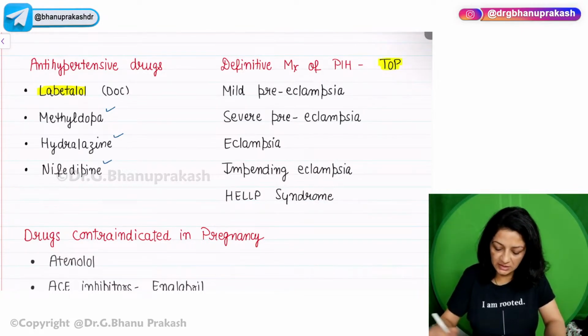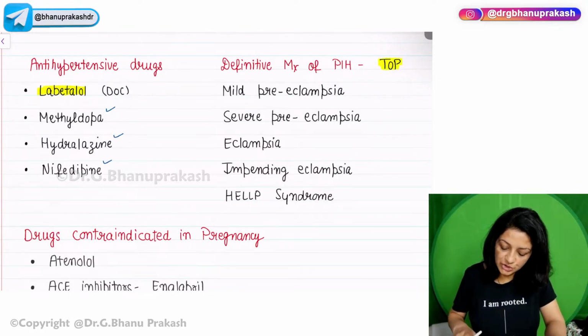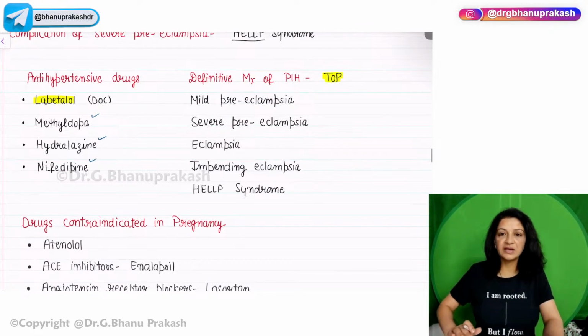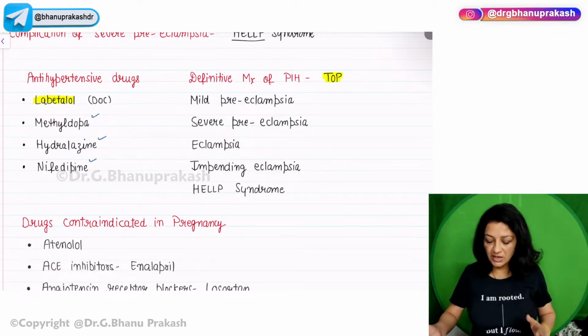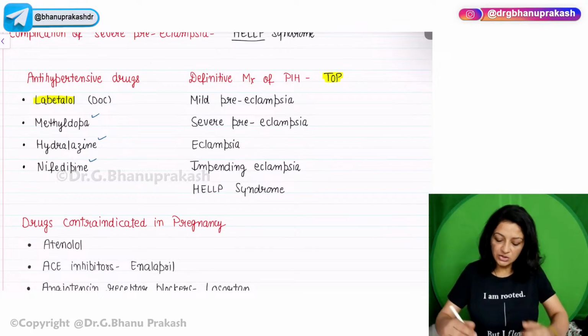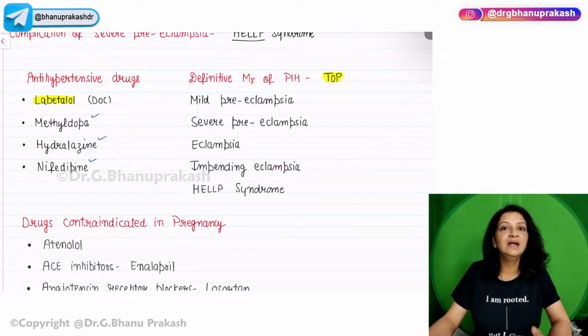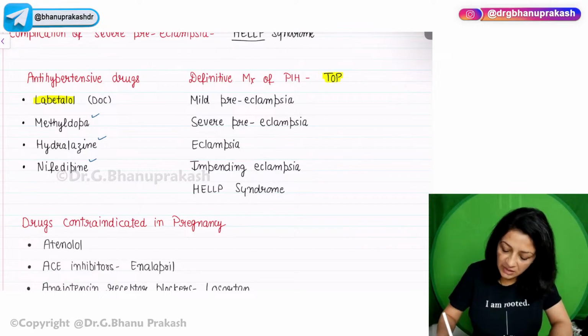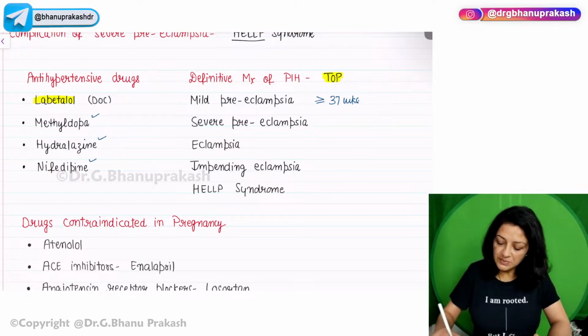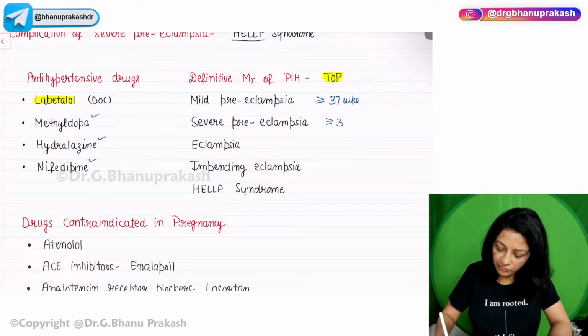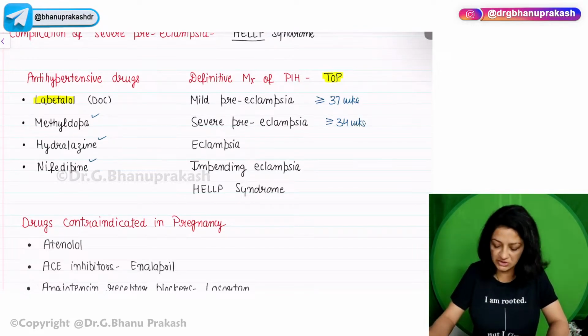इस पे कई बार क्वेश्चन आता है termination of pregnancy in case of severe preeclampsia, in case of eclampsia and mild preeclampsia. अगर patient को है mild preeclampsia, then termination of pregnancy at 37 weeks. Severe preeclampsia में 34 weeks of gestation.